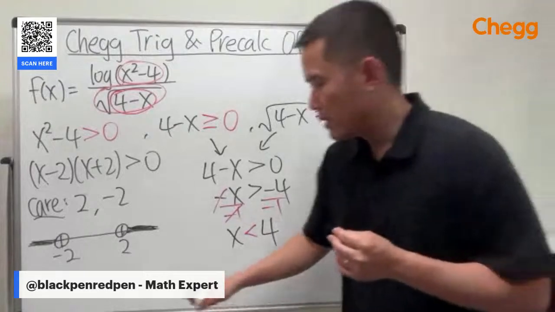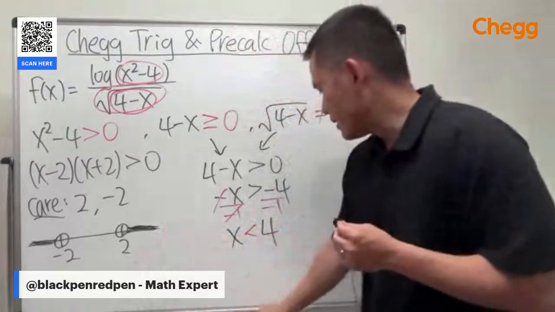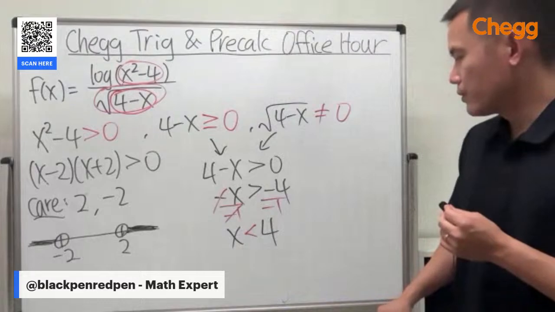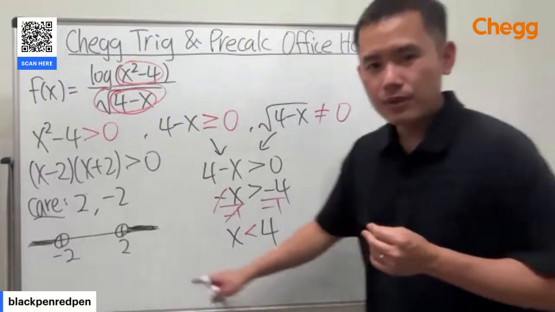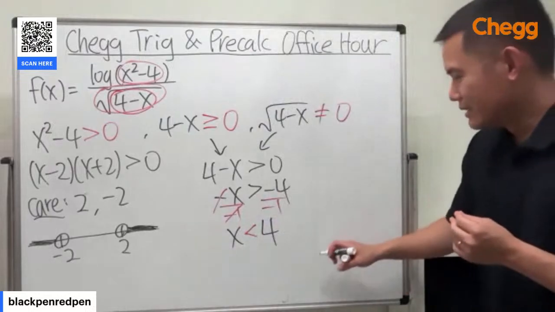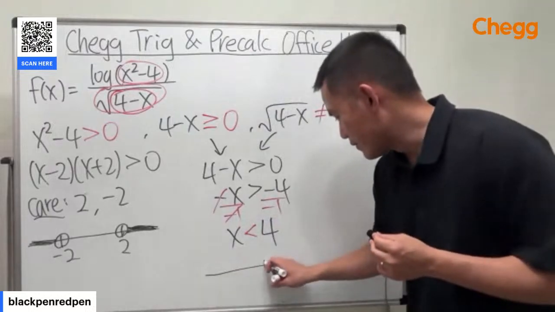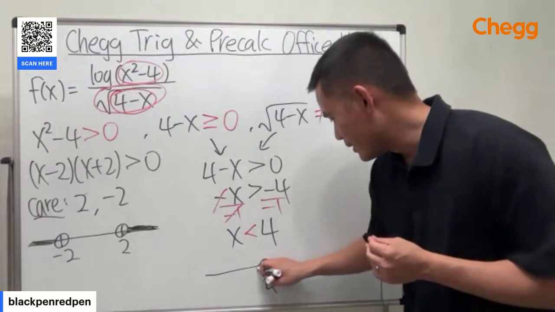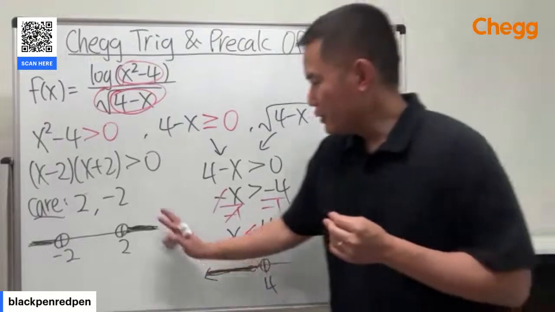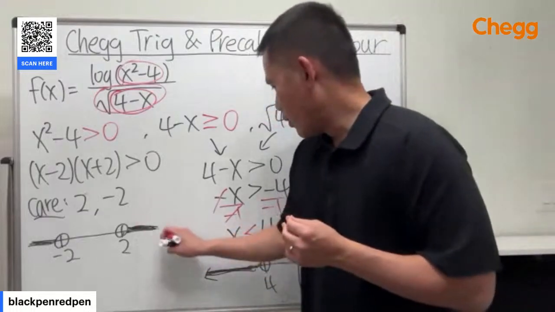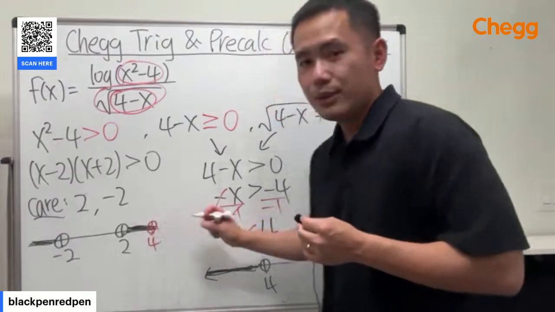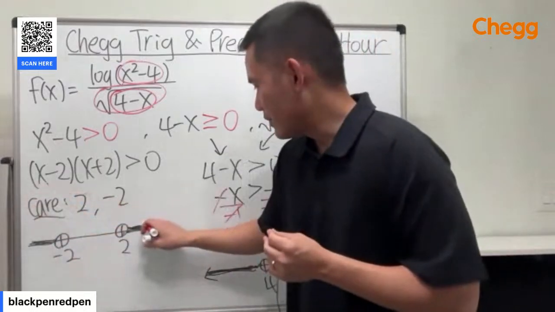So now, let me see how to organize this. Okay. So for this right here, it's like a 4 and then open circle and then you go the other way, right? So imagine if you put 4 right here. This is like the 4 that we want right here. So make a mark, open circle, 4. And then you go all the way to the left.